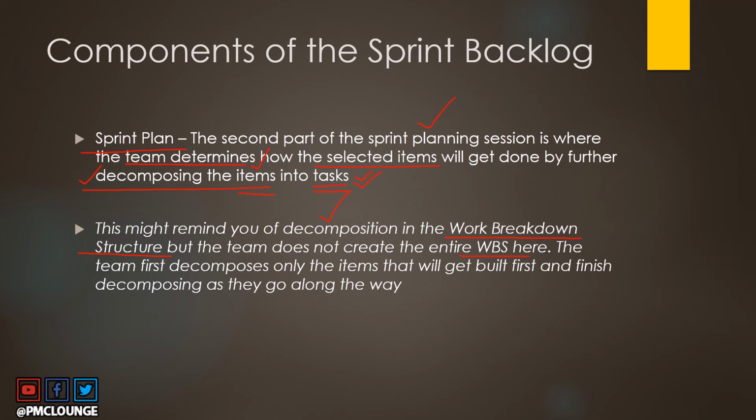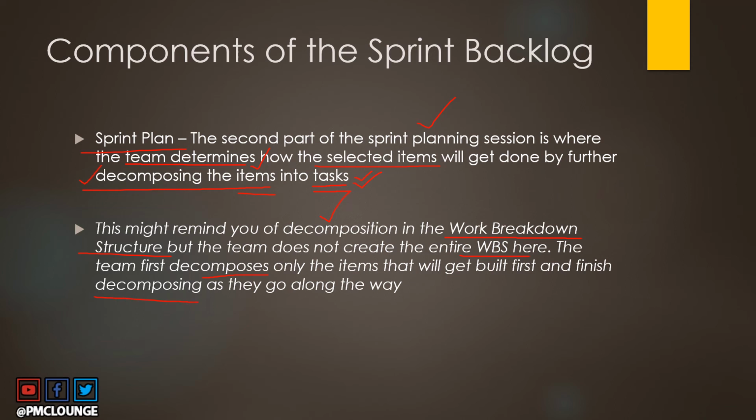What you're working on is based on the order of the requirements, right? You are going to basically decompose only the items that you will first build. So requirement number one will get decomposed first, and then you will start building that requirement. In the meantime, you will also go along the way and decompose other items as well.